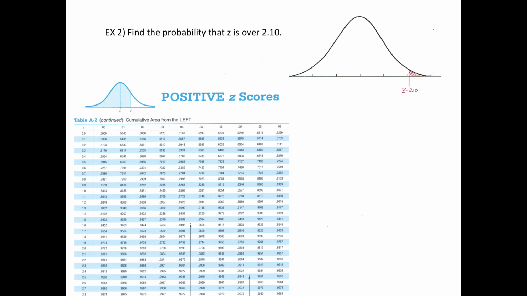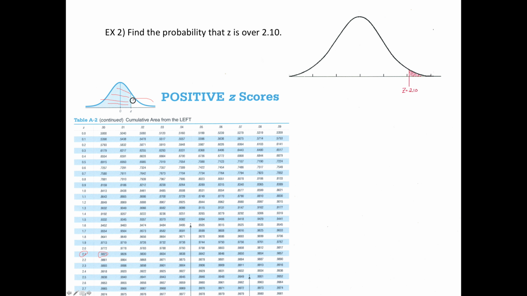Next, what's the probability that it's over 2.10? That would be shading to the right. Notice that that is a very small area, so the answer should be very small. Again, look up the z-score. That's going to be 2.10, with 0 as the first column. So 0.9821. But 0.9821 is for all of this area to the left.